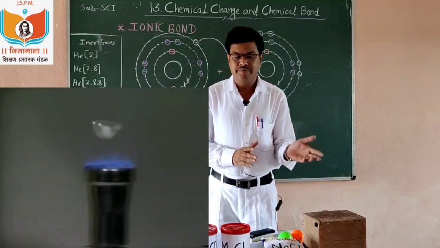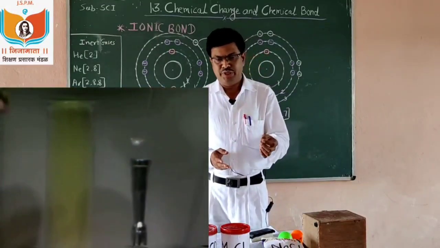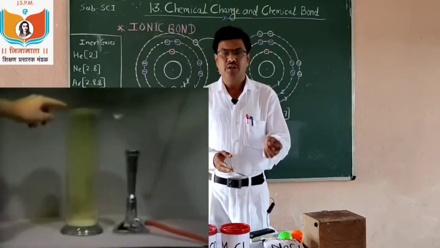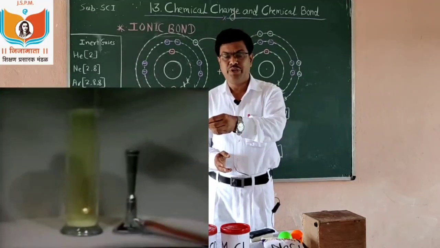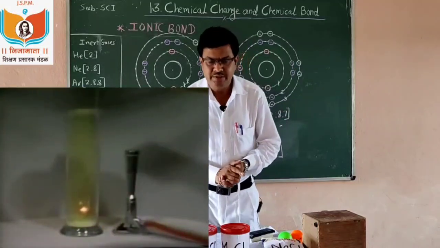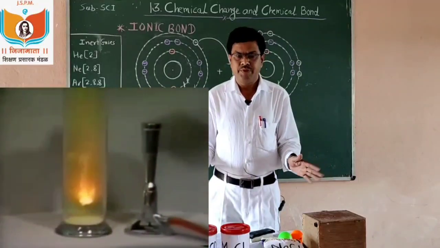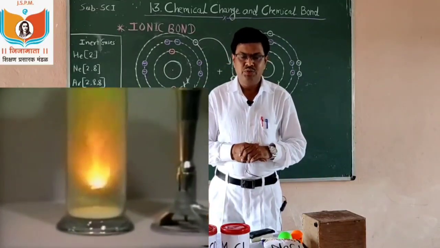Now see here, when we take a piece of sodium metal and drop it in a jar of chlorine gas, which is yellow in color, there is an exothermic reaction and the ionic compound sodium chloride is formed. I hope you understood this well.